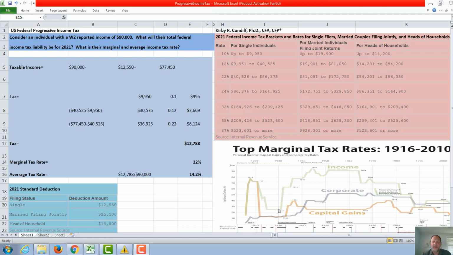But after that, the income tax under FDR during the Great Depression was increased drastically, first into the 60% range, and finally up into the over 90% range. This, among many other policies, probably contributed to the length and severity of the Great Depression. The top marginal rate stayed in the 90% range until the administration of John F. Kennedy.